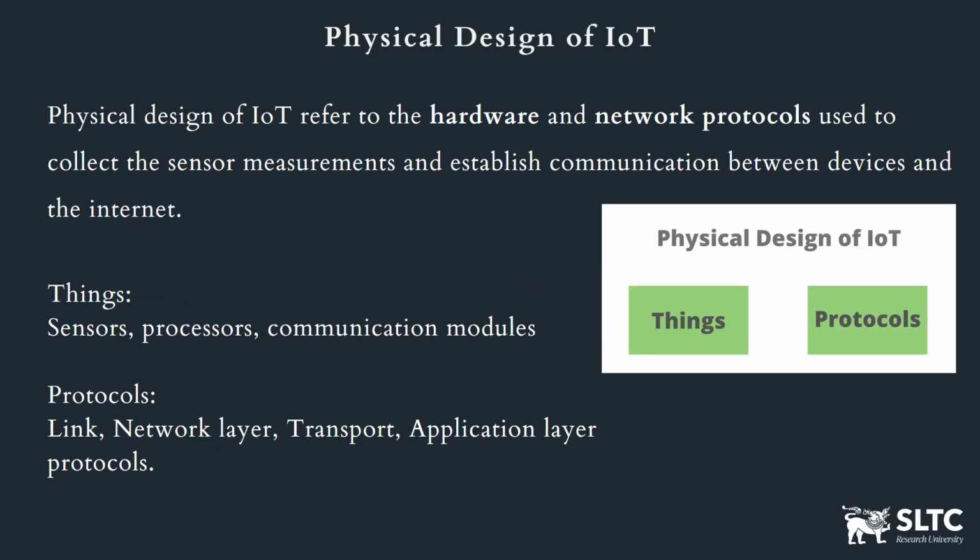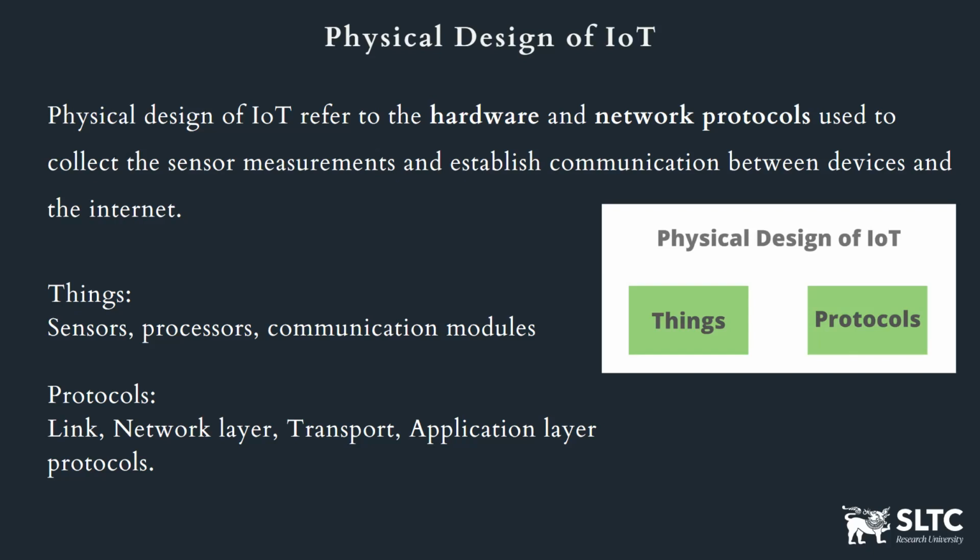In that IoT network, these hardware and network protocols will enable the collecting of sensor measurements and help in the establishment of the communication between the sensors-based devices and the internet, right?